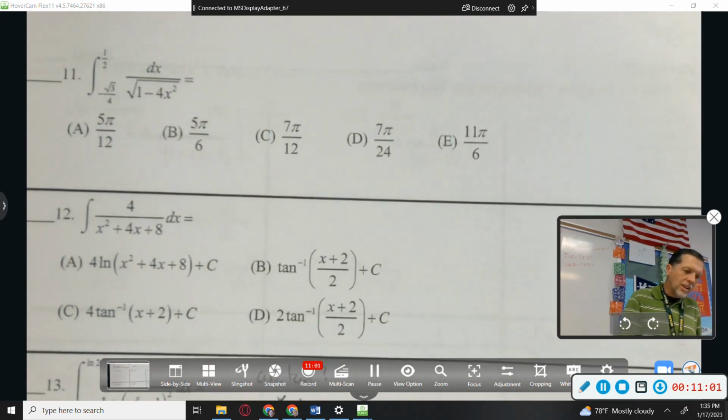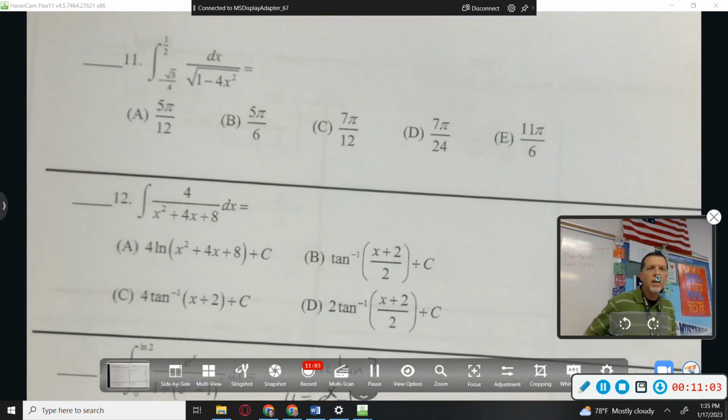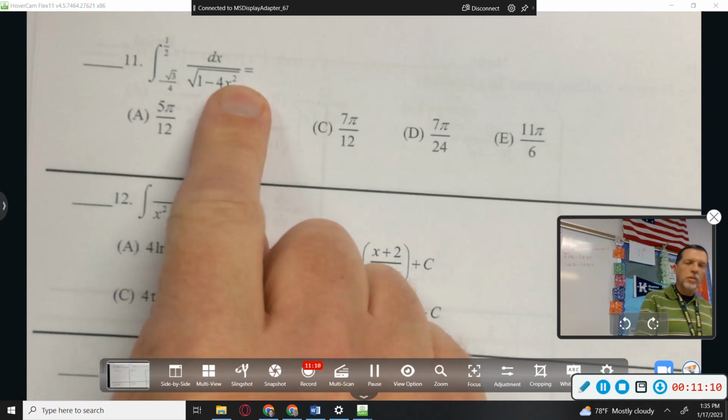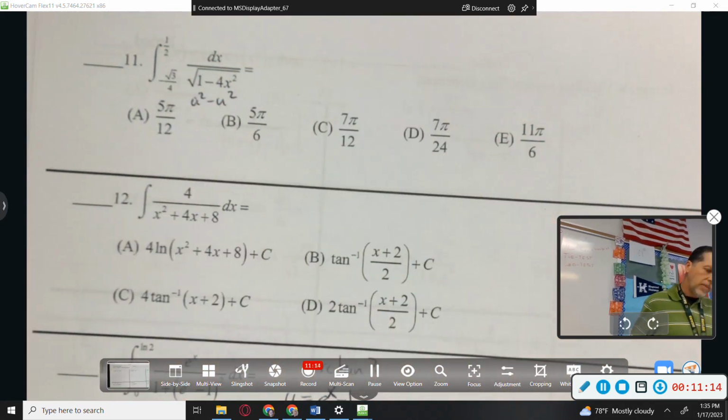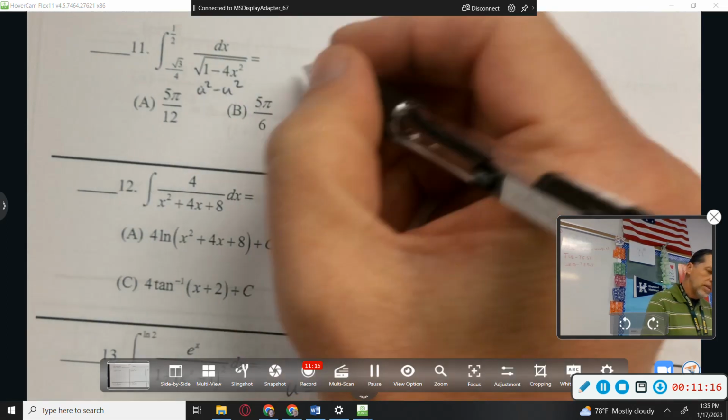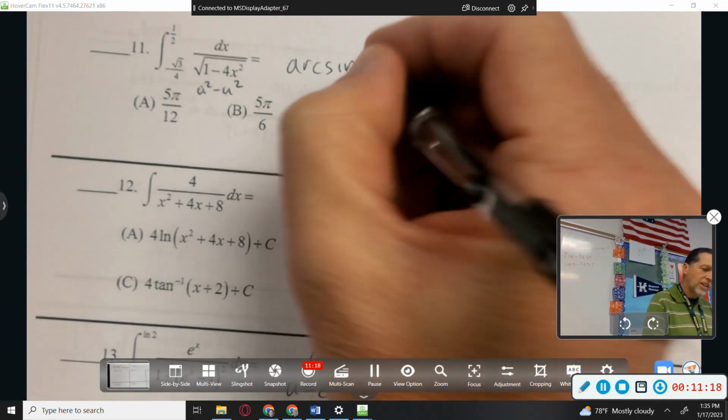Number 11 looks yuck, but it also looks like, big picture, what's going on? Arc sine, because square root of a squared minus u squared. So eventually that's arc sine.